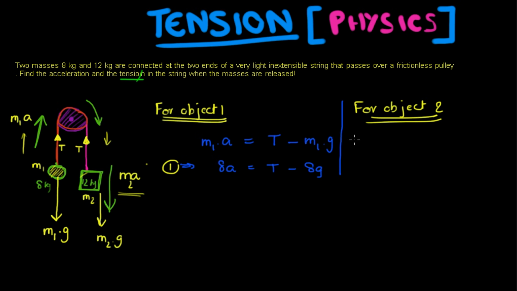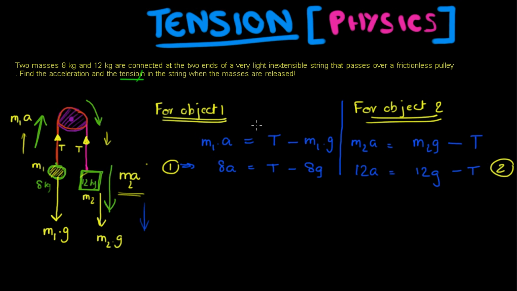So from Newton's second law of motion, m2a is equal to m2g, because this is the force in this direction, and there's one opposite force which cannot cancel this, because it's not in equilibrium and this is moving downwards. That's why the tension has to be smaller than the m2g force. So minus T. Let's fill in the values here. It's 12a is equal to 12 times g minus T, and this would be our second equation.